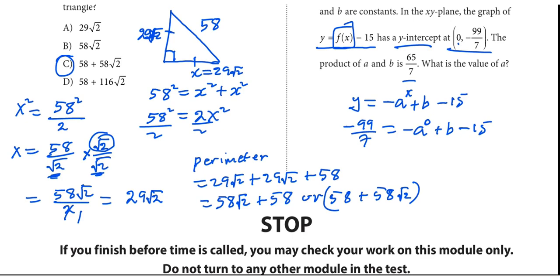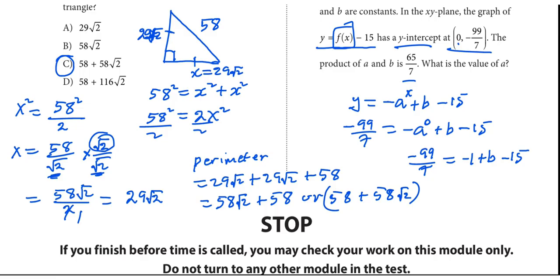So negative 99 over 7 will be equal to, any number to the power of 0 is 1, so this is negative 1 plus b minus 15. Negative 1 minus 15 will give us negative 16.